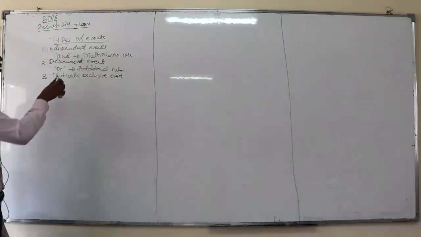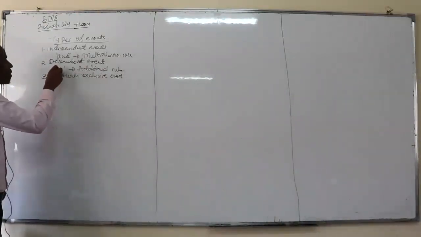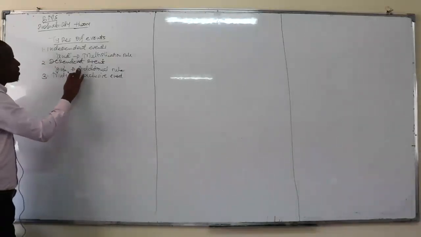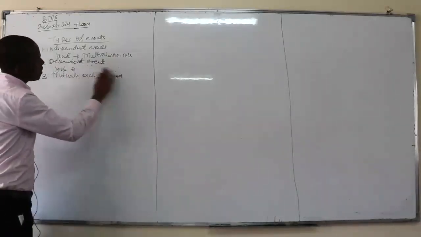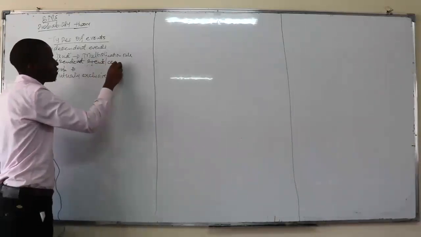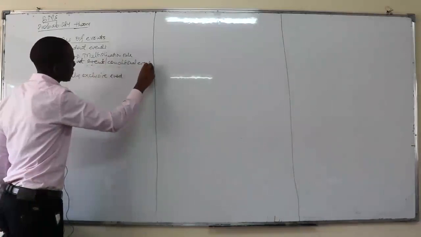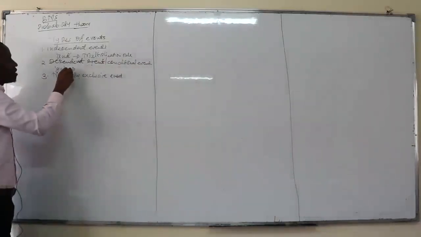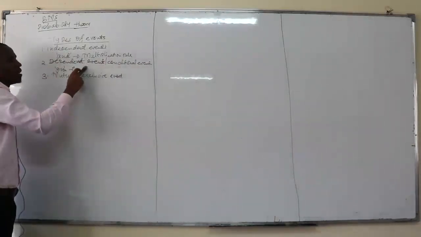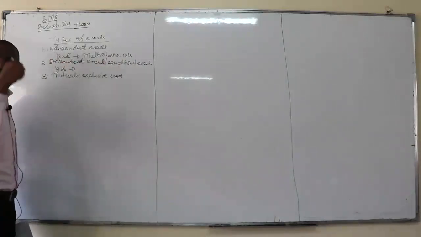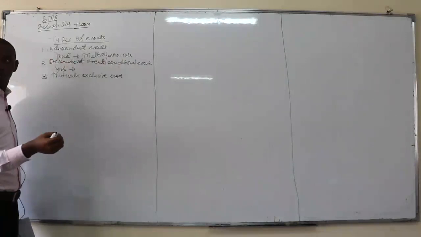Oh, no, this one for the dependent is denoted by given. The dependent events are also known as the conditional events. And the conditional events in this case, as I've said, are those events that influence each other. If one event has to happen, the other one will have to happen.